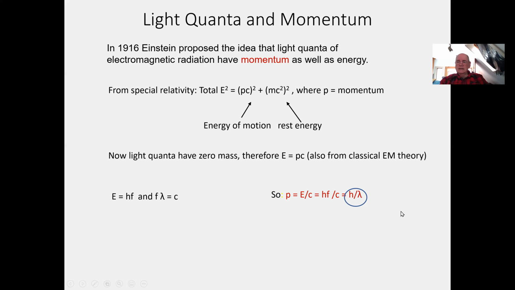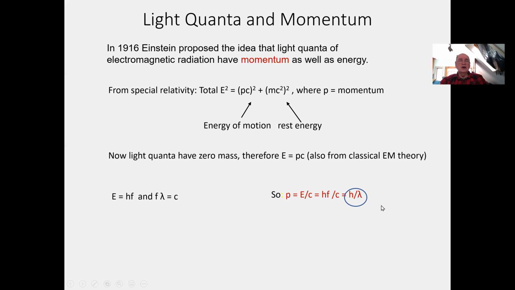Now, what Einstein is saying is that these photons have momentum that is associated directly with their frequency, or in the simplest way to write it, their wavelength. This is a little bit hard to follow because, again, his photon theory is not accepted by everyone, by no means.